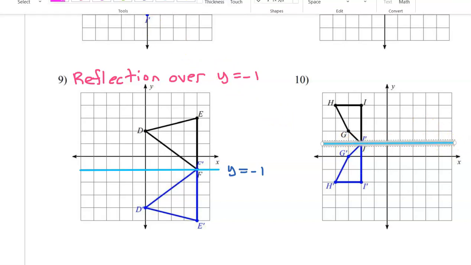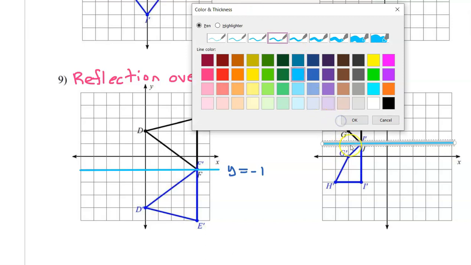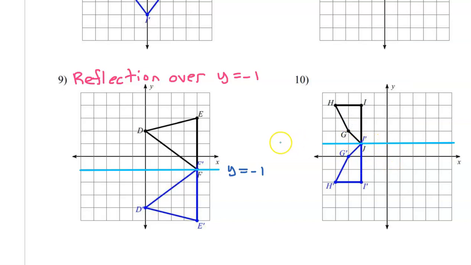And this is the line y equals +1. Horizontal lines are always going to be y equals something, so this is a horizontal line at 1, y equals 1. So this transformation can be described as a reflection over y equals 1.